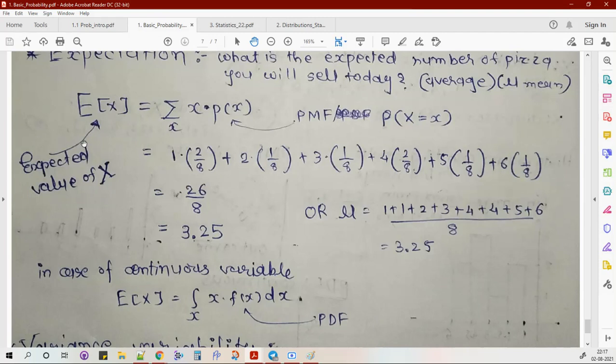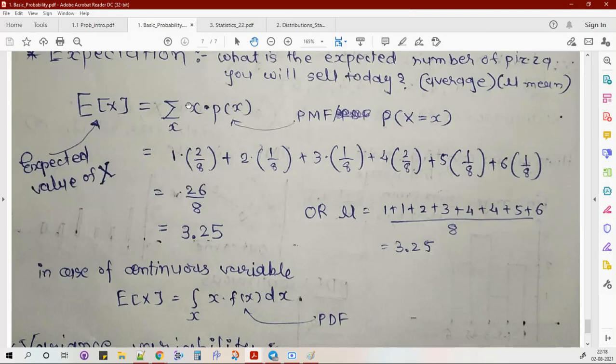So 3.25 is my expected value of x, right? Next day, what would be the number of pizzas that I would be selling? It's nothing but the average of 1 to 8. If you take the simple average, 1 plus 1 plus 2 plus 3 plus 4 plus 4 and so on, divided by 8, you will get the same value, right? You get a similar value in the case of PDF, because the probability is nothing but the count divided by the total count.